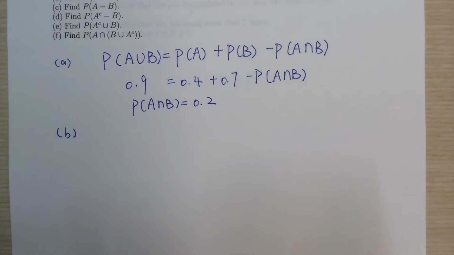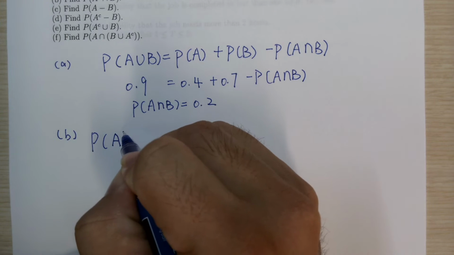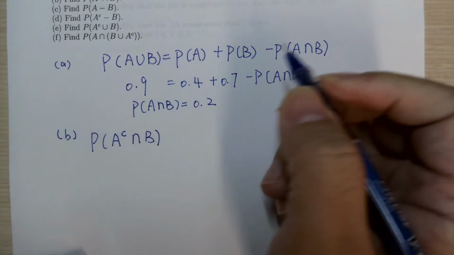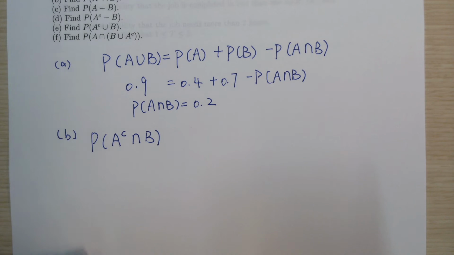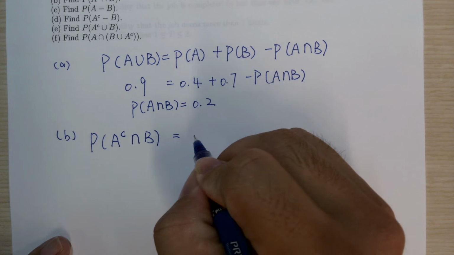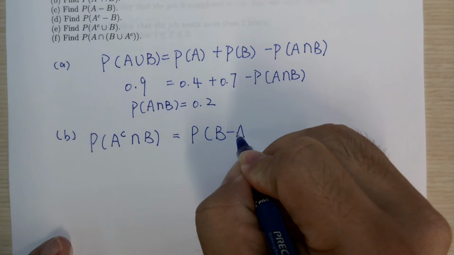Part B asks us to figure out P(A complement intersect B). The P(A complement intersect B) is basically equal to P(B minus A).